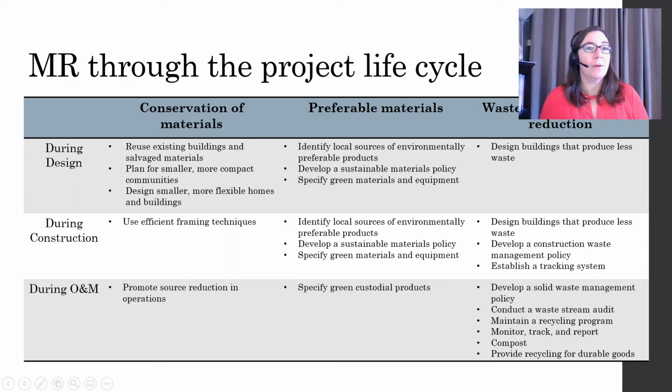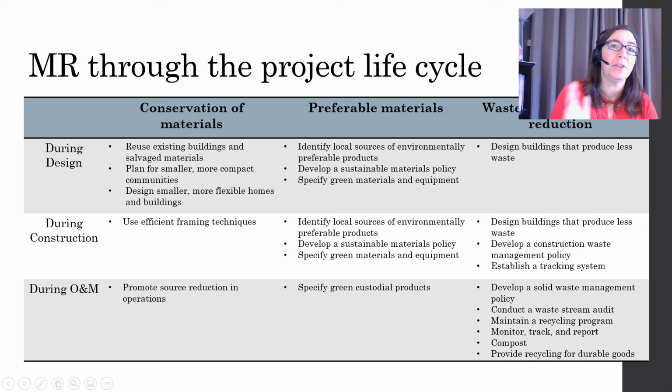So let's start out on the left-hand side talking about conservation of materials. Most of these strategies are appropriate during design. So you can select salvaged materials. You can choose to reuse existing buildings. You can plan for smaller communities.